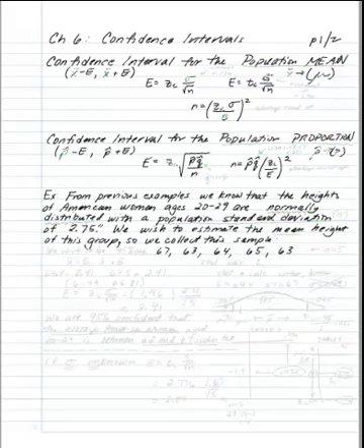In Chapter 6, we're going to be looking at confidence intervals. What you're doing with a confidence interval is you're using your sample to try to tell you something about your population. We start with our sample, and then we add and subtract some margin of error, and then we say how confident we are that our actual population parameter falls within that interval.